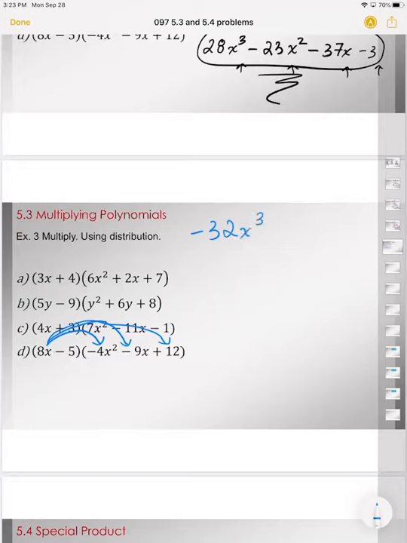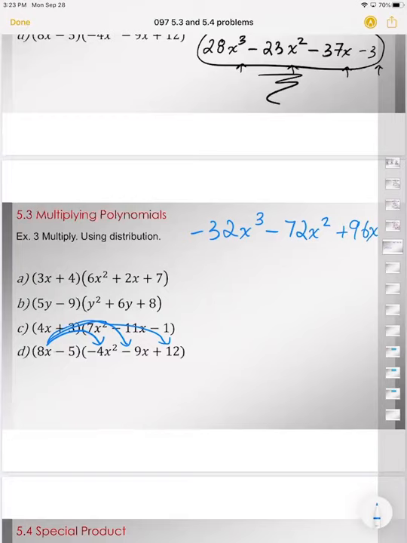Again, we just increase by adding one more exponent. 8 times a negative 9 will give me a negative 72, and x times x to give me x squared. And 8 times 12 gives me a positive 96. Bring down my x.